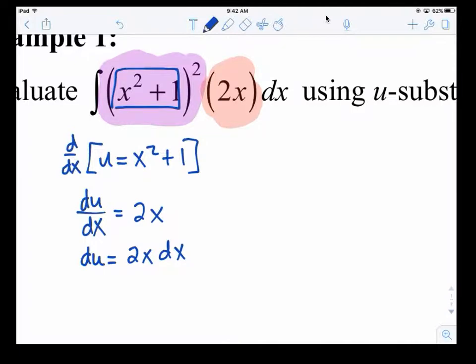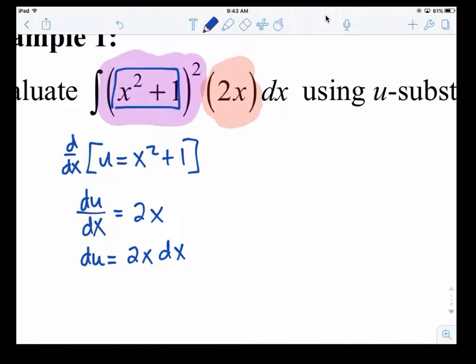Now, we've already figured out that the u part is x squared plus 1, right? Now that I know what du is equal to, the derivative of u is equal to 2x dx. Do you see how this is right here? So du is going to take the place of 2x dx, and u is going to take the place of x squared plus 1.